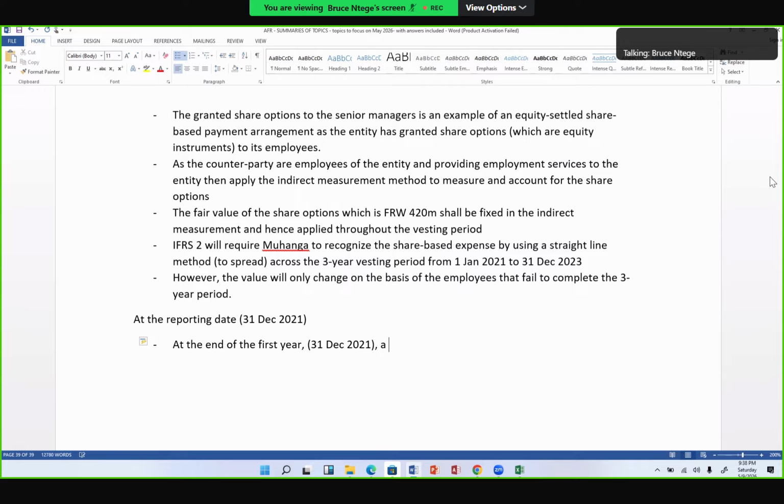So therefore, the share-based expense in the first year is going to be computed as follows.